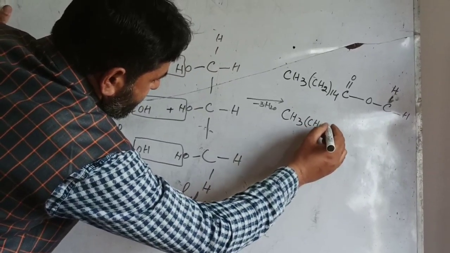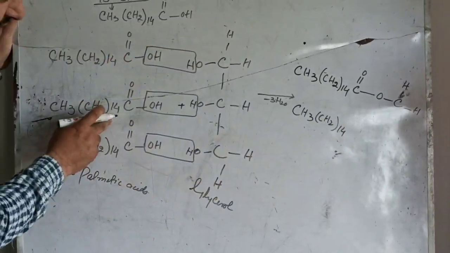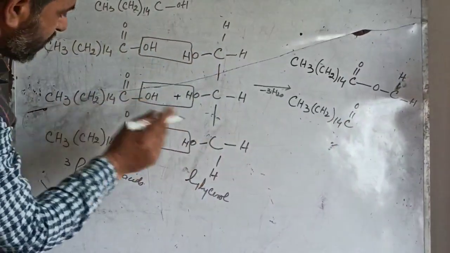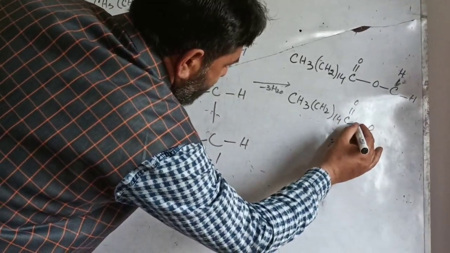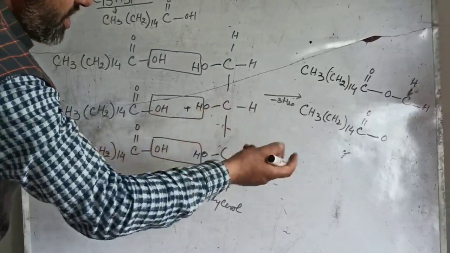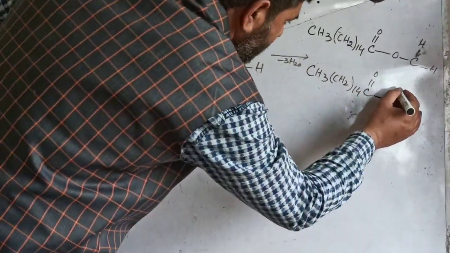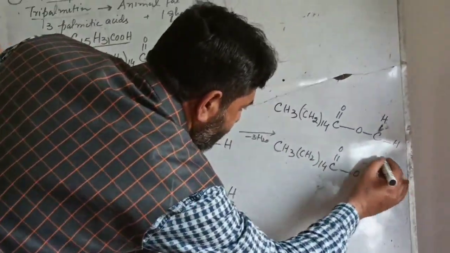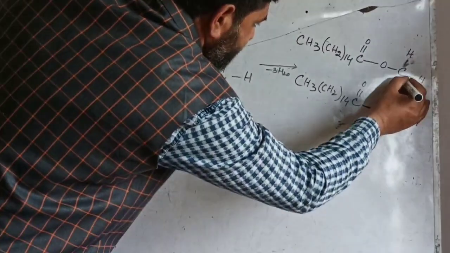CH3, CH2 14 times. Then there is a carbonyl group forming an ester bond with the oxygen of the glycerol molecule, and this is the carbon of the glycerol molecule. This is hydrogen. This carbon is having the bond here.